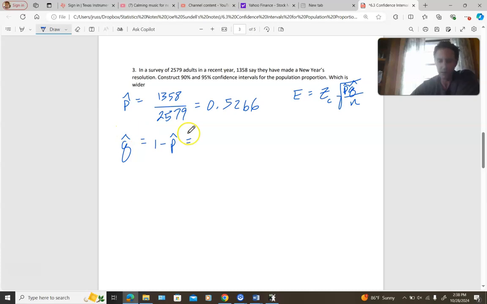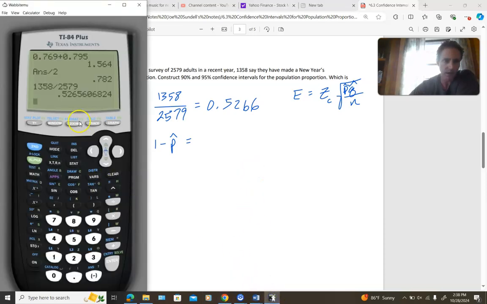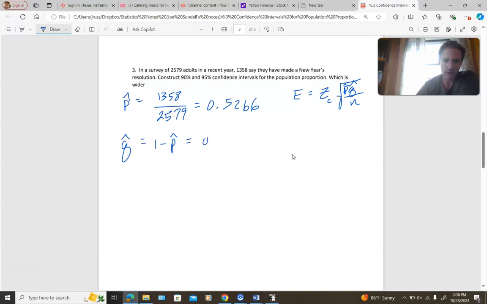That'd be another way to get q hat. But since I already know what p hat is, I can just subtract it from 1. So I'll just say 1 minus that value that I've already done in my calculator. I'll do second and then answer right here. And carry this to 4 decimal places, so 0.4734.